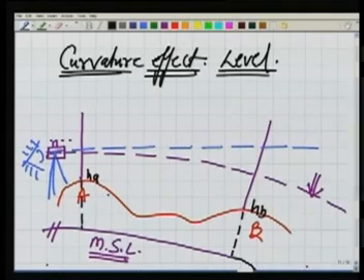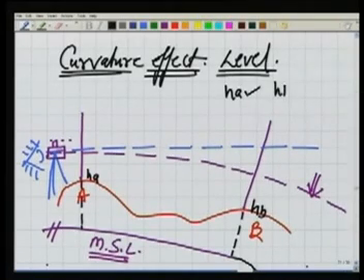Now, in order to determine, if I know HA is known, I want to determine HB. What should I do? I should read the values. If I write it as A dash, A dash is this point here, A dash and B dash.